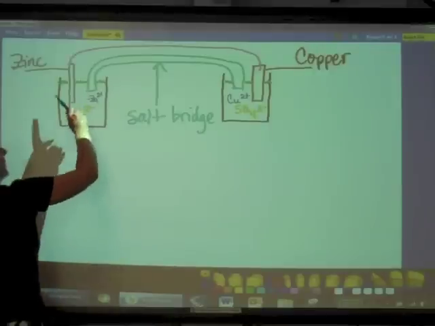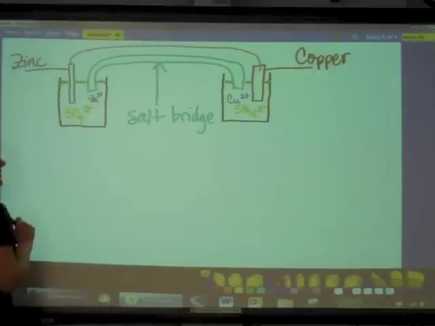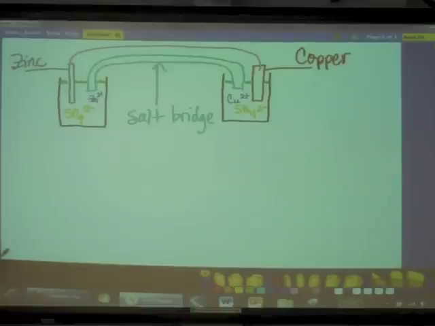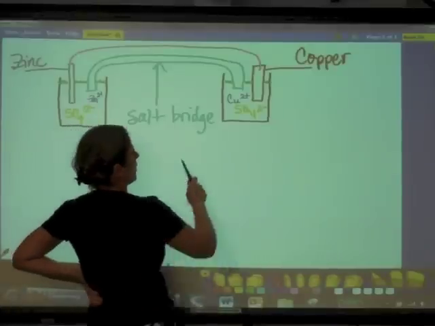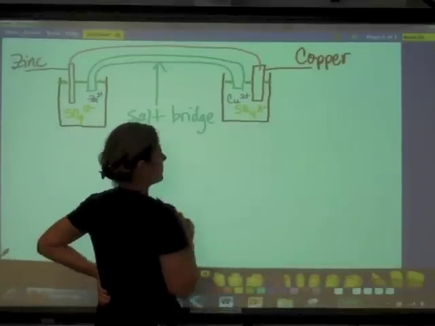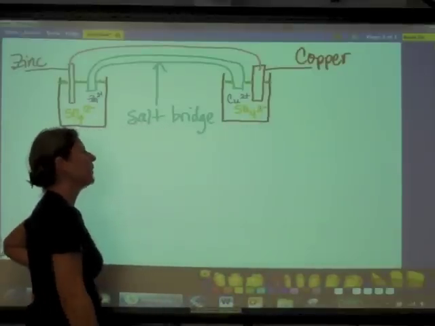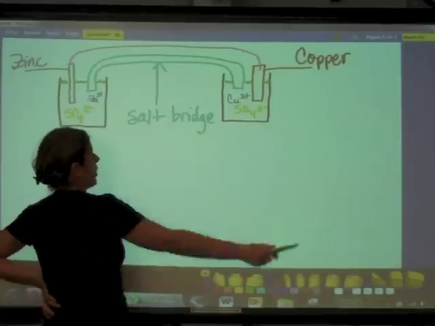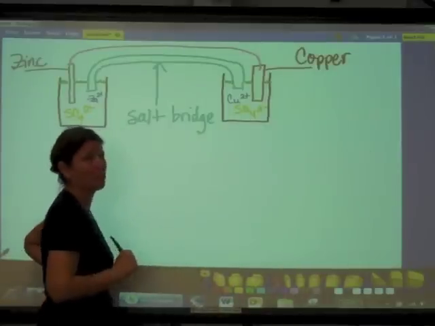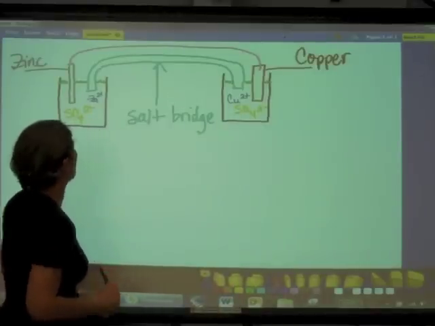So in this we'd have a solution, a little bit of zinc sulfate, and in this one we've got copper 2 sulfate. All right, so what we've got here is the copper that is going to do what?